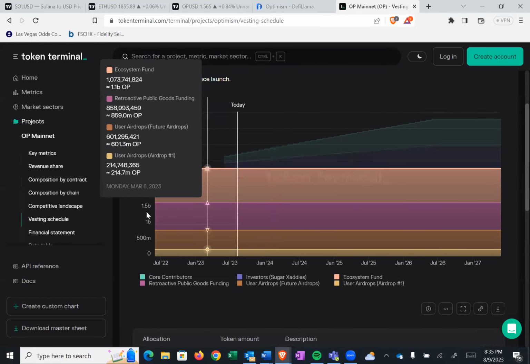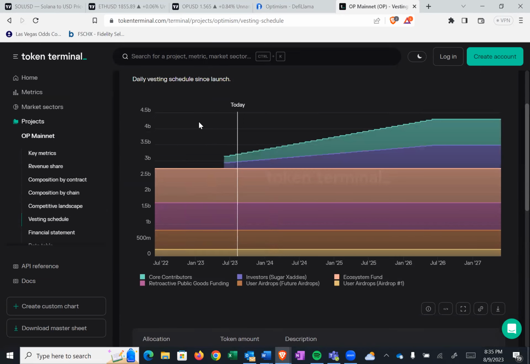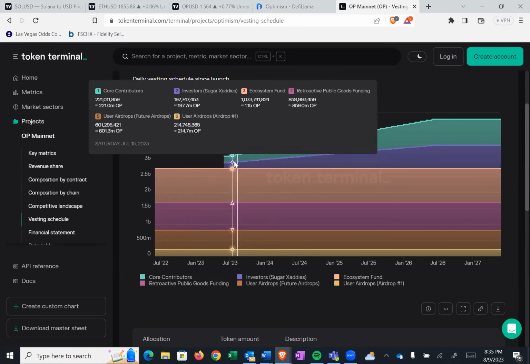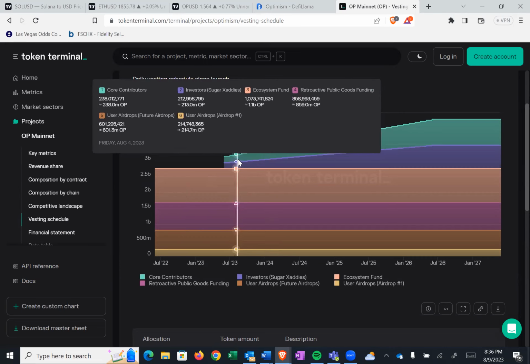It's the vesting schedule. So this is sort of like when coins are coming online. I wonder if you can even look day by day. It's kind of hard to do that. But if you look at August 8th, no, I can't really get it.